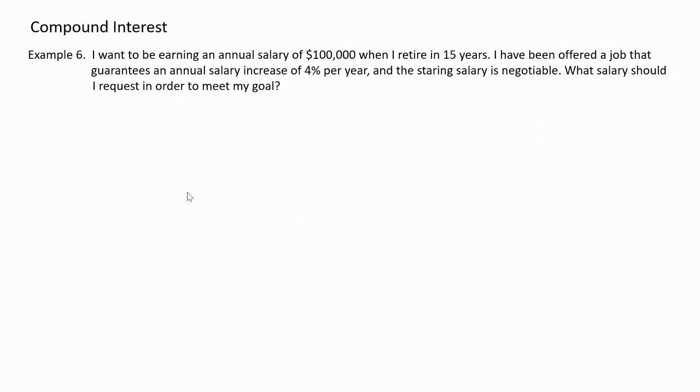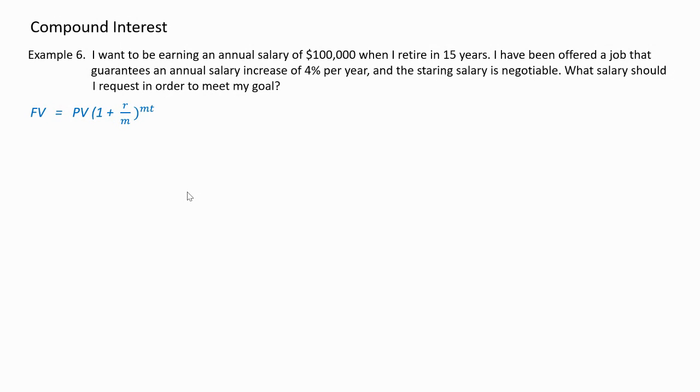So here, guys, let's pretend that I got a new job, but I want to earn $100,000 in 15 years. The starting salary is negotiable, and say that I want a 4% increase. What salary should I request in order to meet my goal?